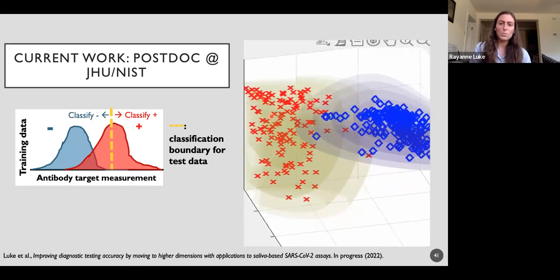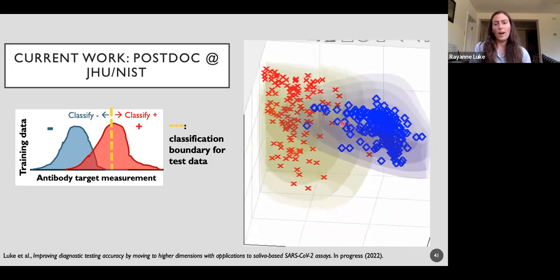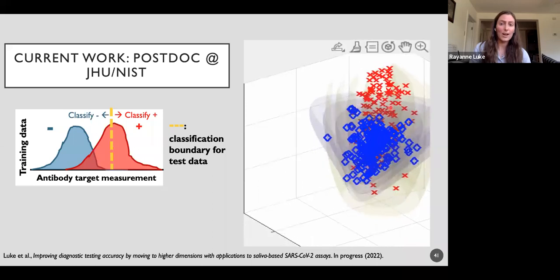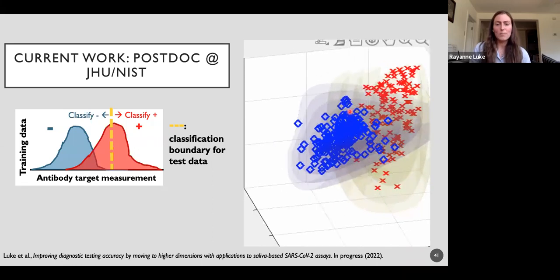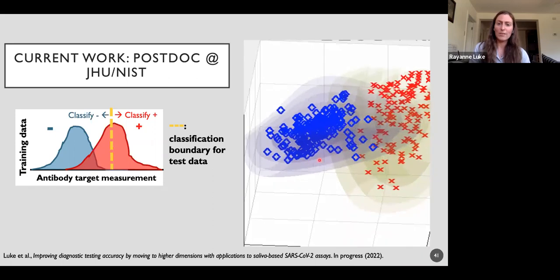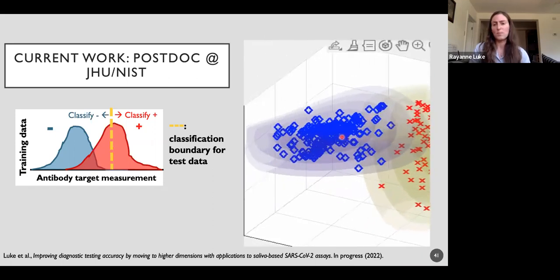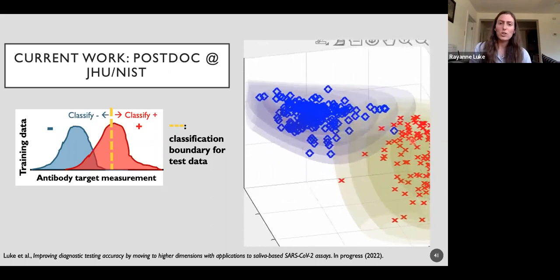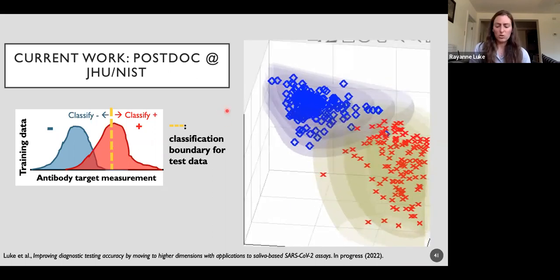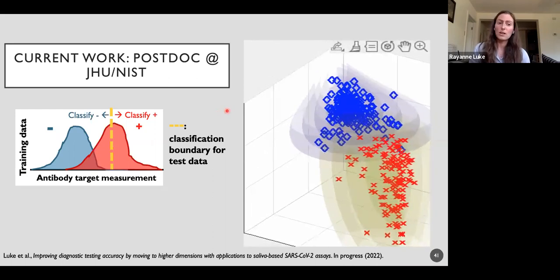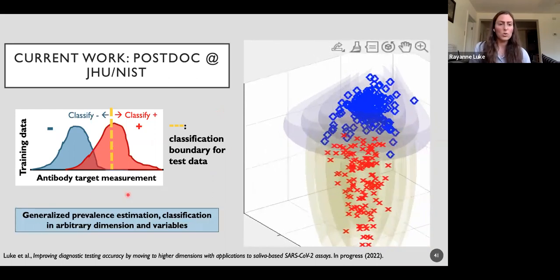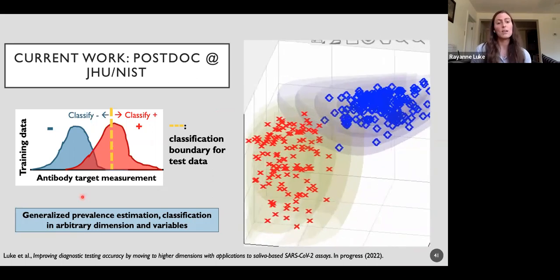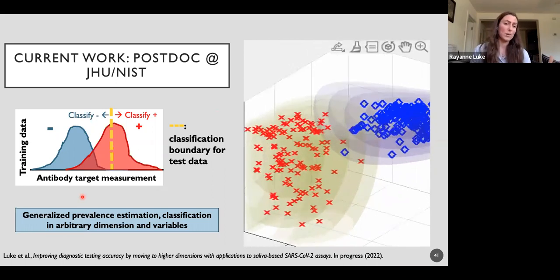And we have created these probability regions with contours where if it's darker, it's a higher probability. And we can better separate in this way our negative population, which are the blue diamonds, from the red X's. And we show that we're able to improve upon traditional classification results. This also is able to extend to more than 2 classes, and it works in arbitrary dimension.